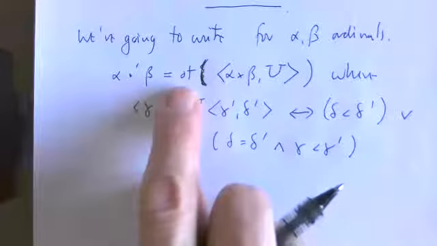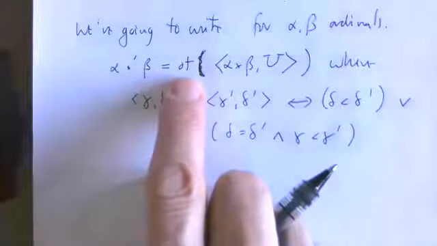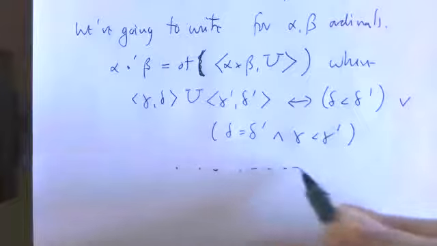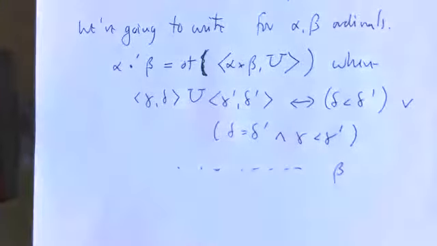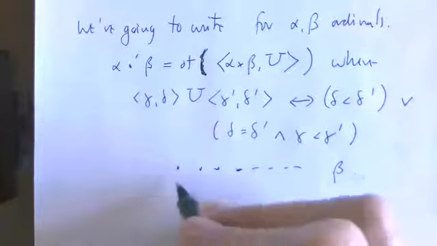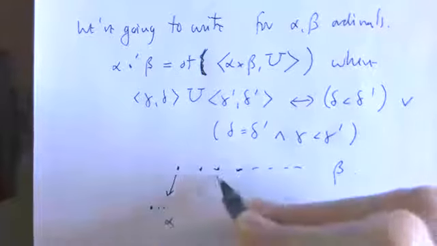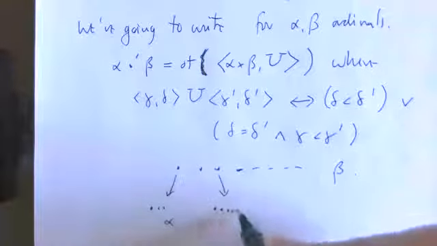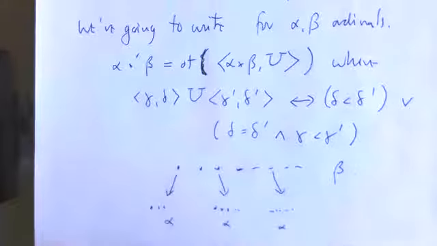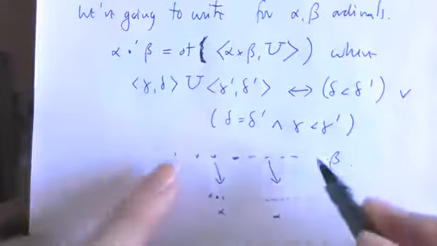So again, the order type is the ordinal isomorphic to the picture. I take a copy of beta, whatever that may be, and I replace each point with a copy of alpha, whatever that is. So I think of it as beta lots of alpha, beta times alpha.